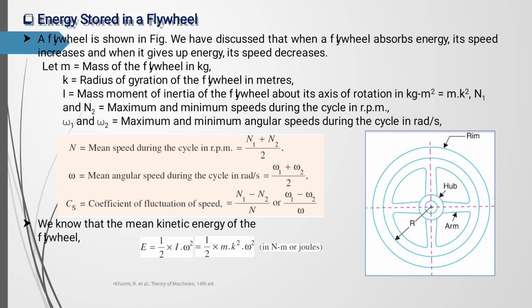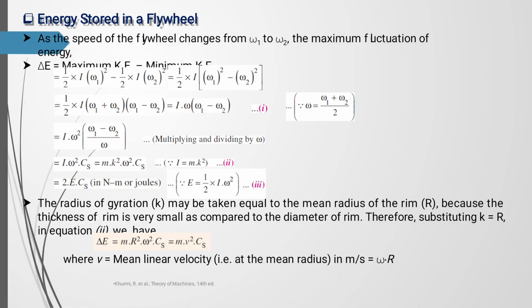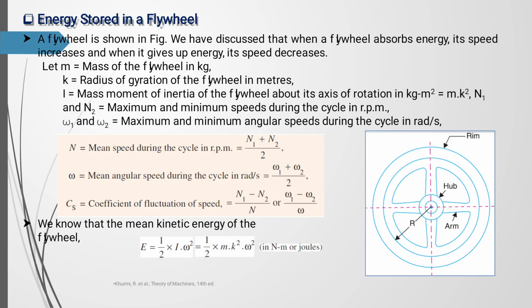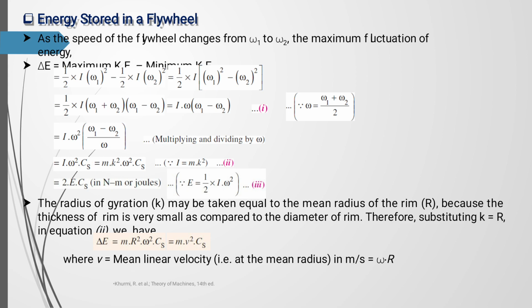So the energy stored in the flywheel can be calculated using delta E equals m k square omega square Cs. By using this formula, we can solve everything in the problems.